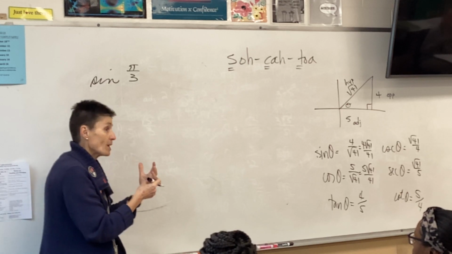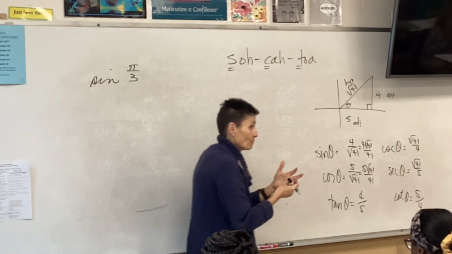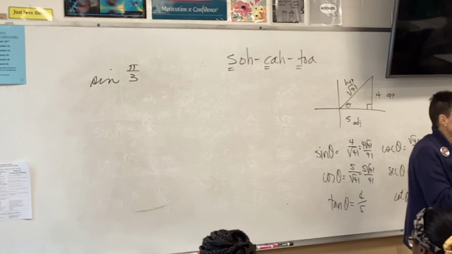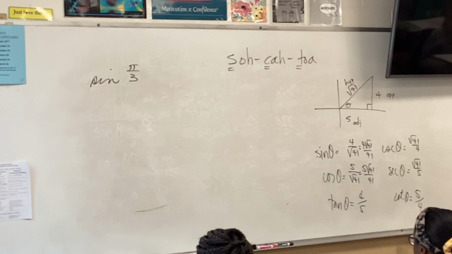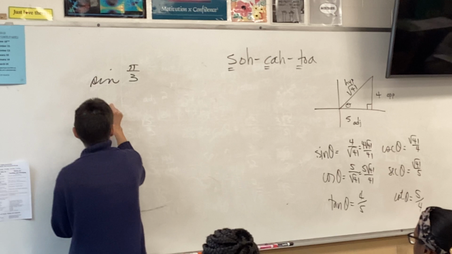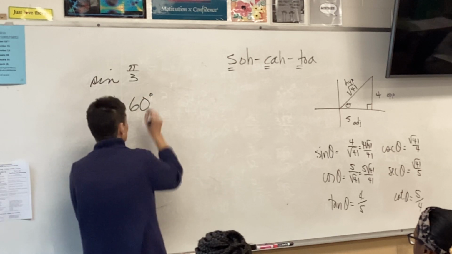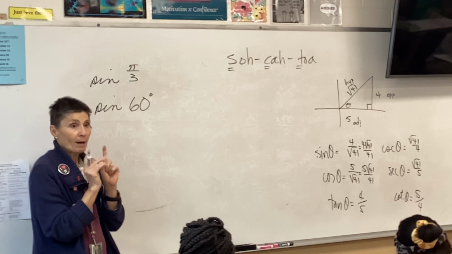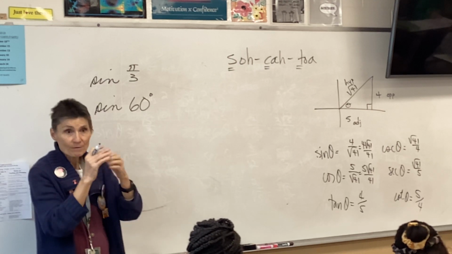And I can change that into degrees by remembering that pi is 180. So a third of that would be 60. We are being asked to find by hand the sine of 60 degrees. Pi is 180, a third of that is 60.